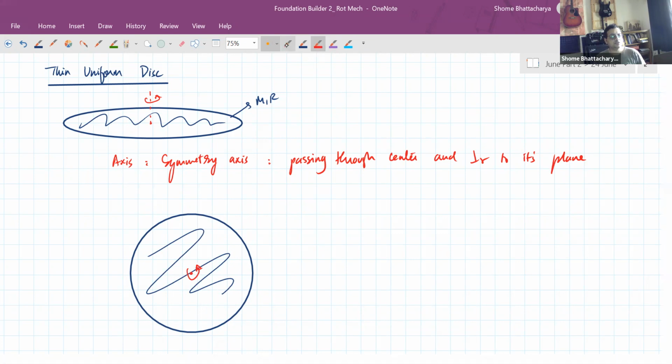So to find the moment of inertia, what we can do is make use of our previous formula that we just derived.